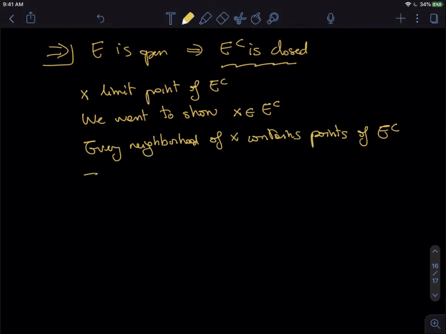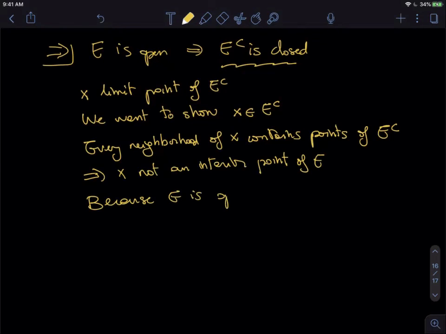So that means that X is not an interior point of E. But because E is open, all the points of E are interior, so that means that X does not belong to E, or that X belongs to the complement.